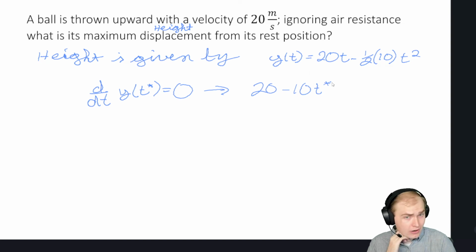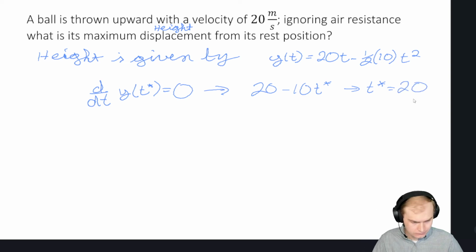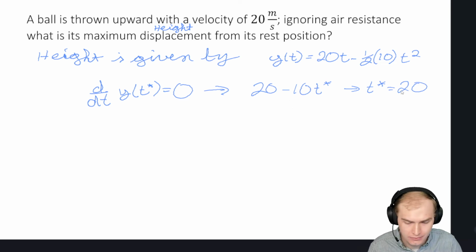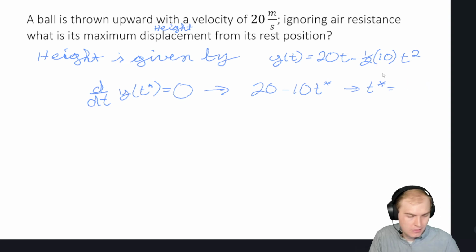Here I'm just using star to represent that if this equation is satisfied, t star is our optimal solution. Solving this for t star, we get that t star equals 20. Is that right? Nope. I'm looking too far ahead in my notes. t star equals 2. I keep pressing the wrong button.